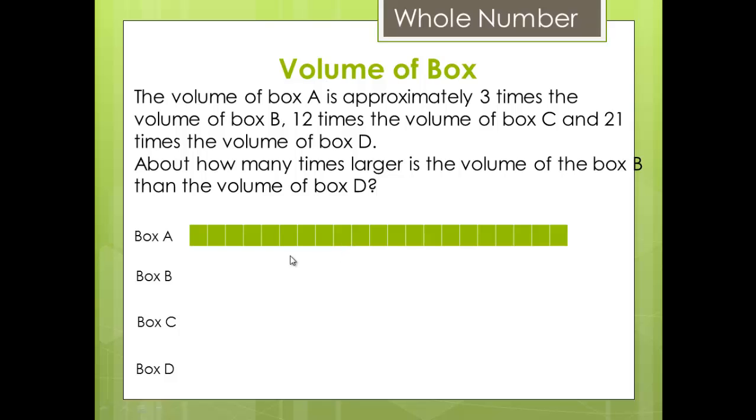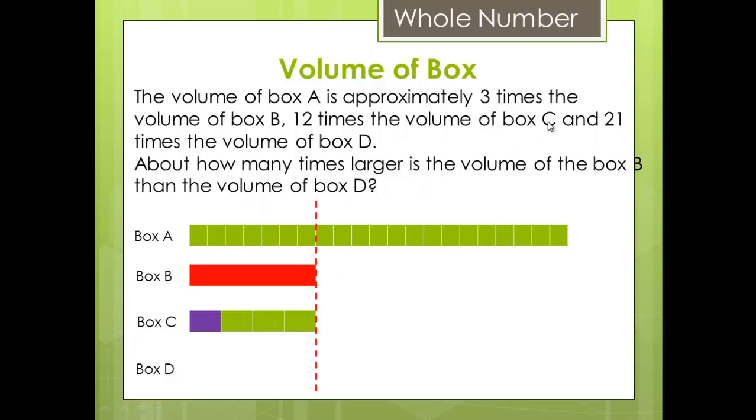So if we're looking at box A, I saw 21 there, so I've got 21 squares here on my particular box A. So that's the size of box A, because box A is the biggest one of all the boxes. So box B is in fact 1/3 of box A, or box A is in fact 3 times bigger than box B. So that's 1/3 of that. Alright, so that's my representation of box B.